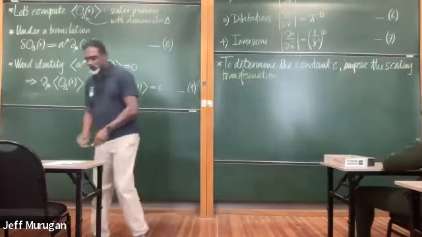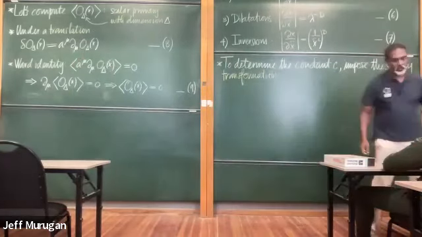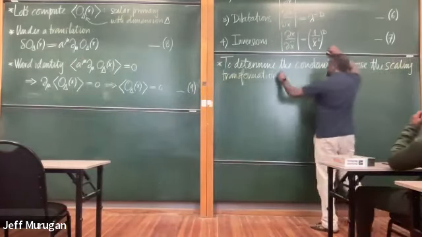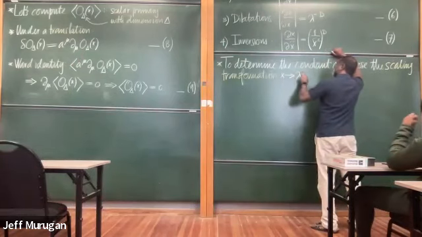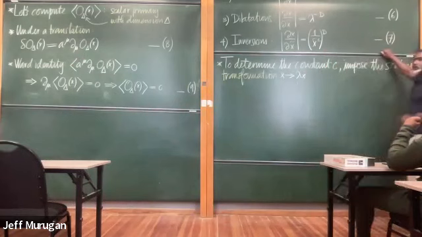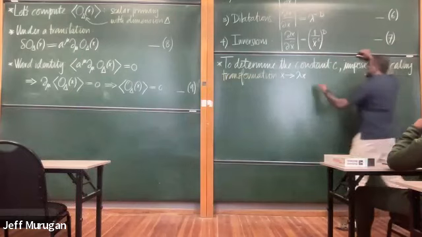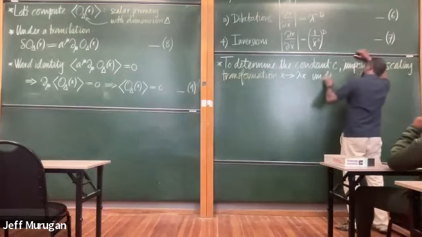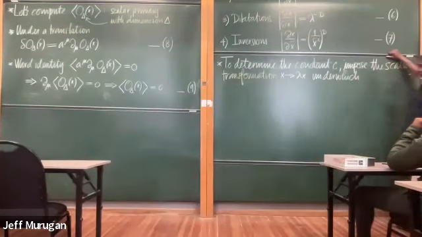Namely, we're going to send x to lambda x. We're just going to scale the length in our theory by some number, lambda. Under a scaling transformation, the scalar primary goes from O of x to O tilde.